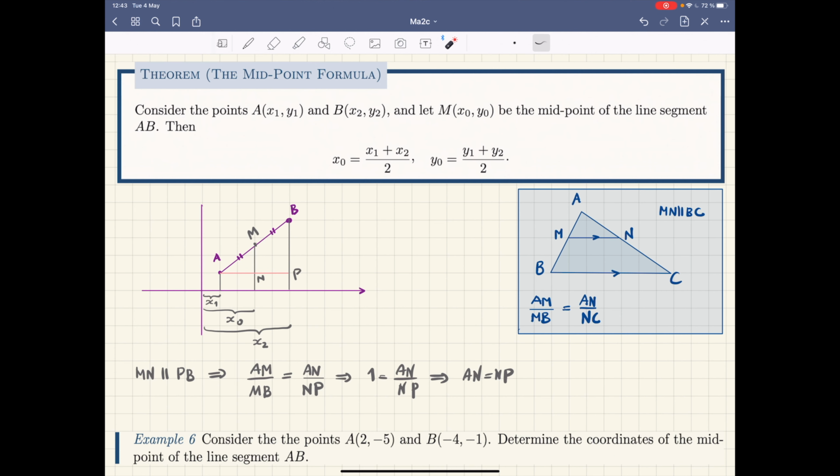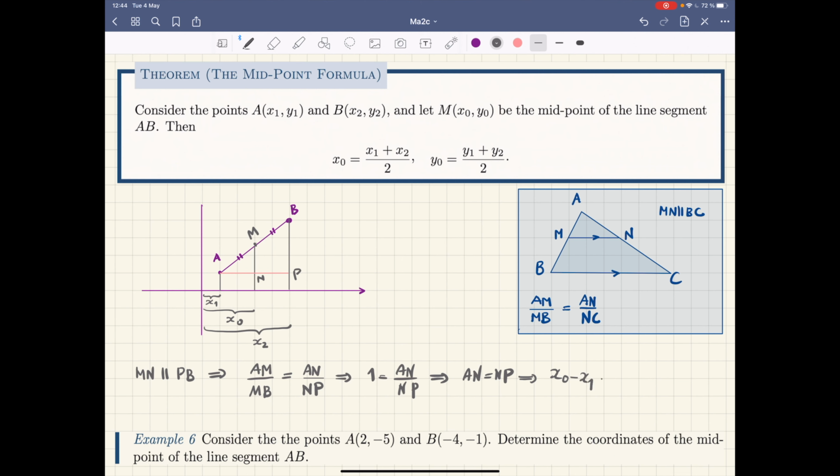Yes? Is that understandable? AN is equal to this line. But if I ask you what I can write for this line, you would say that the whole length is x naught and this part is x1. I subtract them, and what I have here is x naught minus x1. Yes? So instead of AN, I can write x naught minus x1.